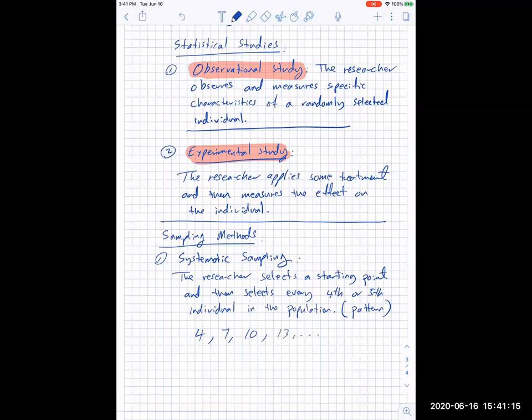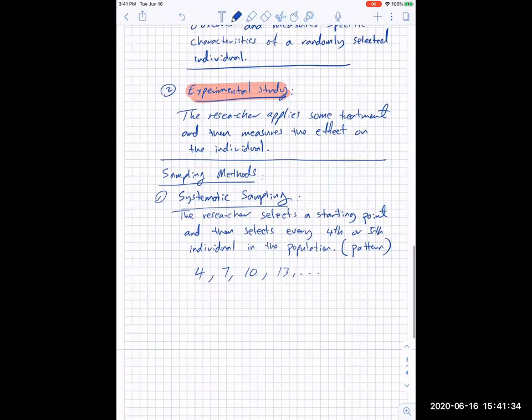So there is a pattern that the researcher is using to select his individuals. It's not random. It's opposite to random. It is a systematic sampling. There is a system or a pattern that is used to select the sample.